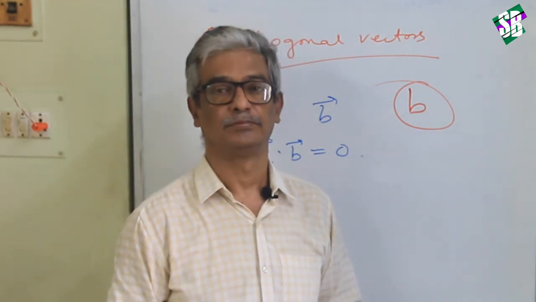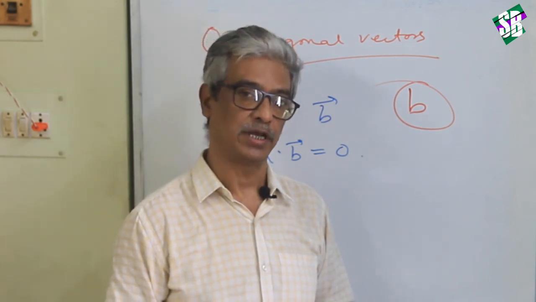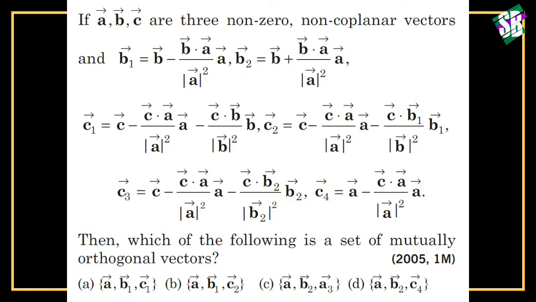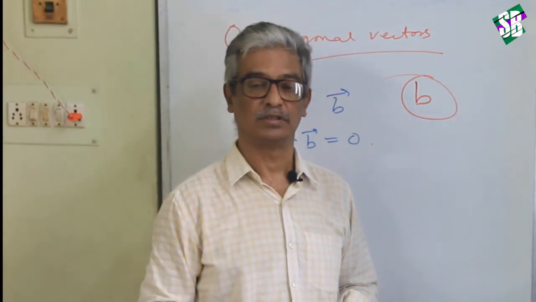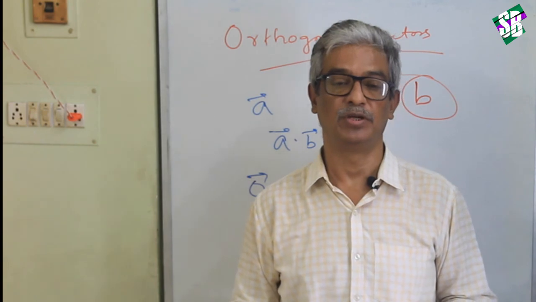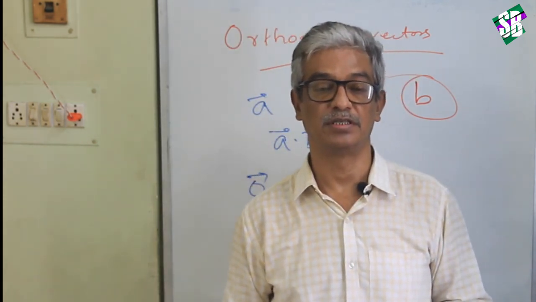Okay, so now take the question that is appearing on your screen. Here there are many vectors given. B1 vector is given, B2 vector is given, C1 vector is given, C2 vector is given.